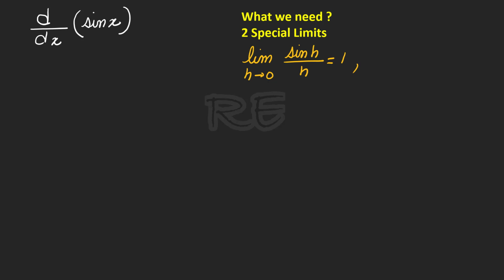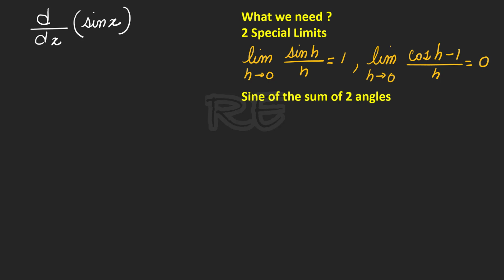The second one is the limit as h approaches 0 of cosine h minus 1 over h, which is equal to 0. We will also need the sine of the sum of two angles.